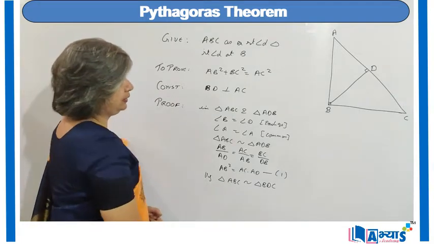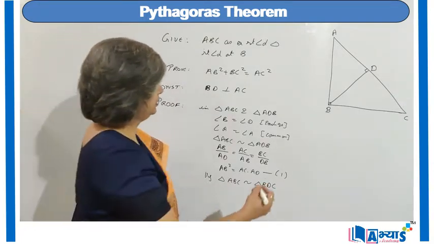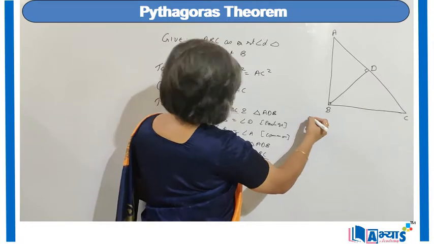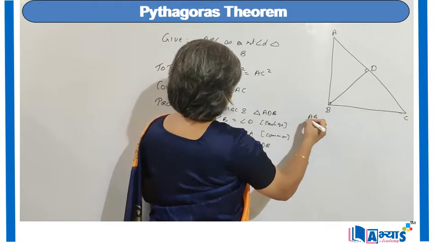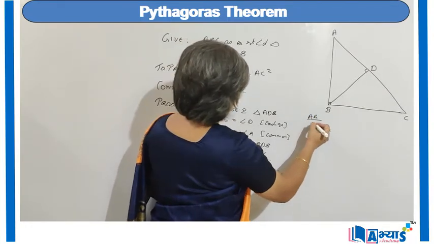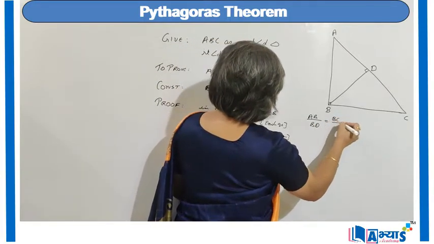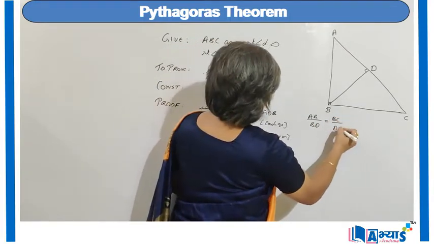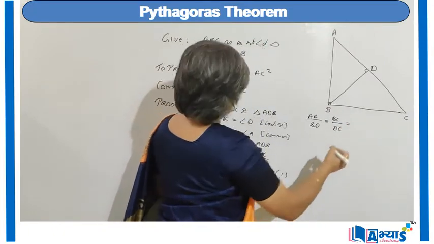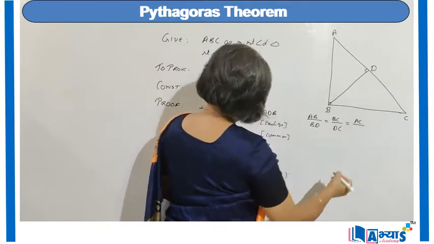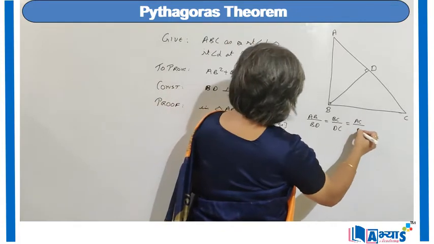Using this similarity, we can write the ratios. So we will get the ratio as AB upon BD is equal to BC upon DC is equal to AC upon BC.